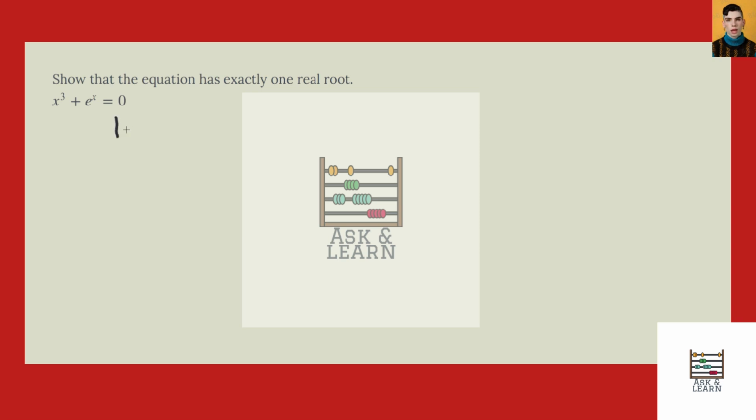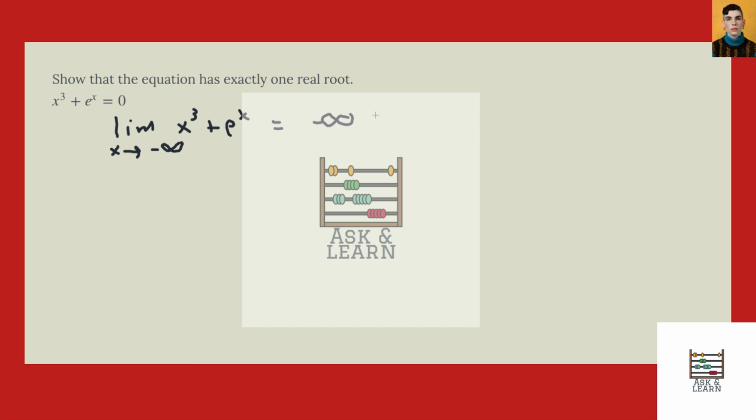So if we take the limit as x goes to negative infinity of x cubed plus e to the x, what happens? We get a really, really big negative number, because negative 100 cubed is still negative, so it'll give us an even bigger negative number.